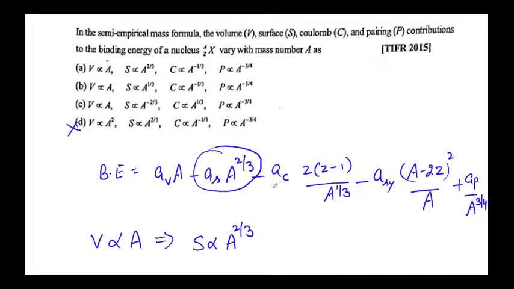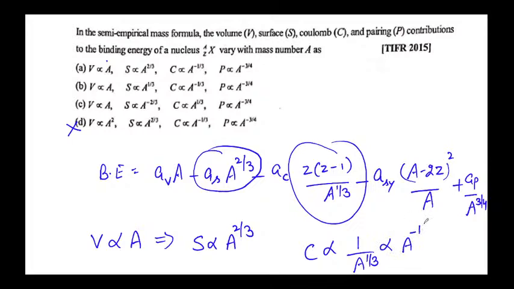You can also compare the Coulomb energy. Using this relation, the Coulomb energy is inversely proportional to A^(1/3), so it is proportional to A^(-1/3). And from the pairing energy you can also see, using this relation, that pairing energy is directly proportional to A^(-3/4). So the options that satisfy this condition, option A is the correct option.